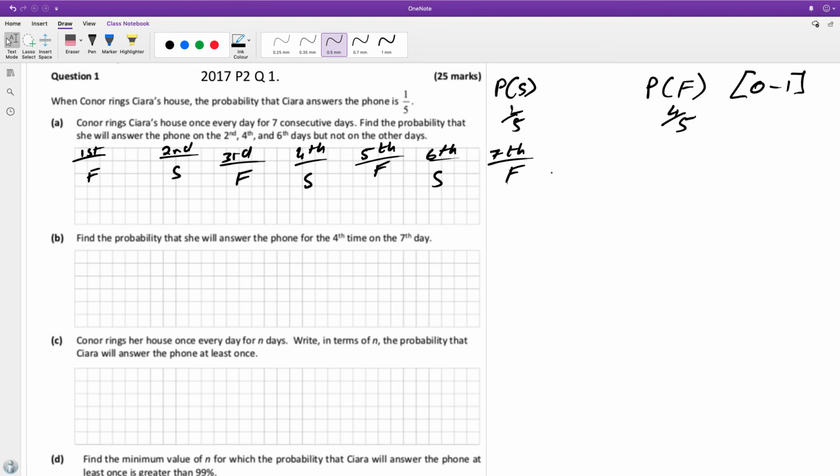It's and. You wouldn't say, I didn't answer on the first, or I did answer on the second. You'd say, I didn't answer on the first, I did, and I did. It's and. So if it's and, it's multiply, exactly. Off you go, give the answer.